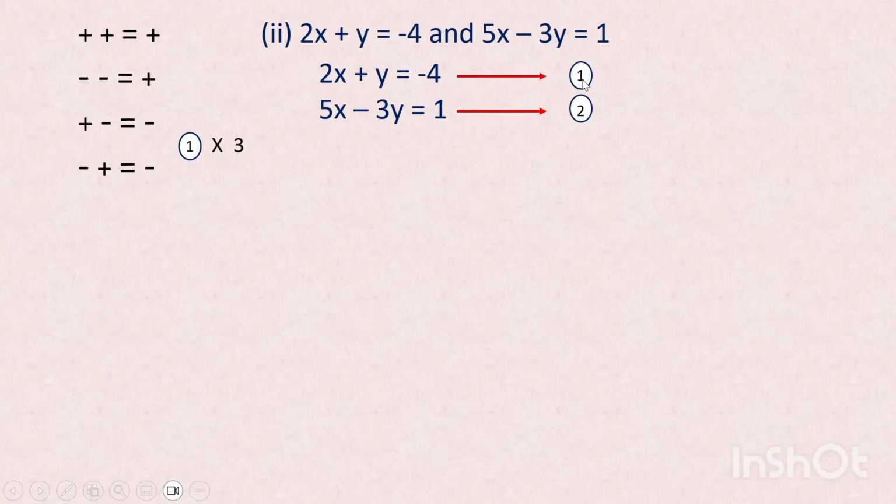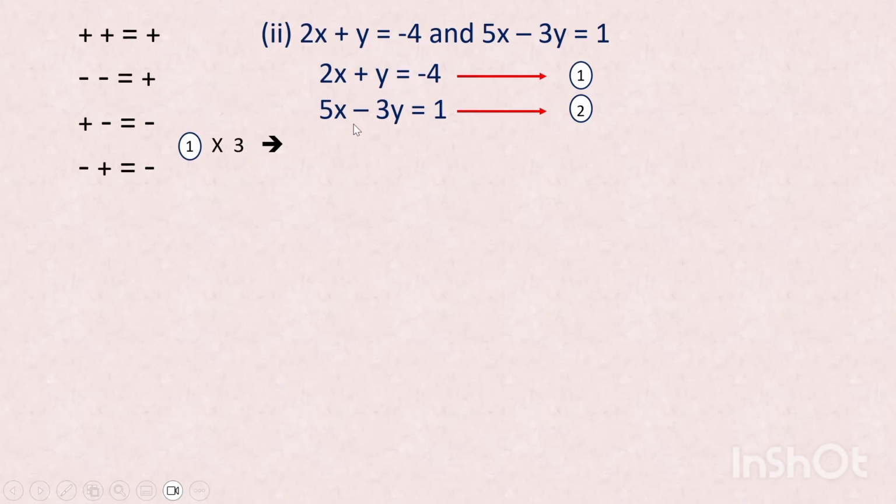While solving, for equation 1 you have to take the coefficient of y in equation 2. You can take minus 3 also, but I don't want to consider the sign here, as it will cause a little confusion. So the entire first equation we are going to multiply by 3. Why?